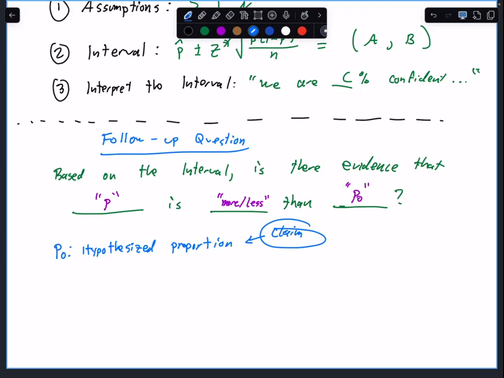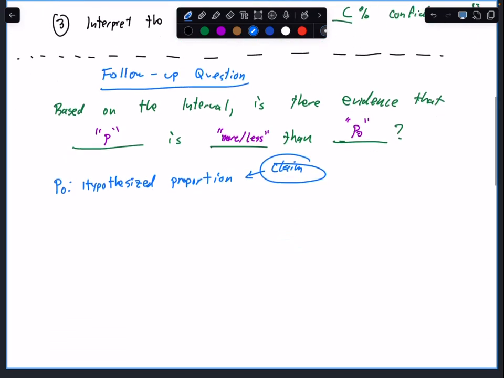So that's some evidence. But what we do is, the answer is yes, there's evidence of being wrong since blank P0 is not in the interval.